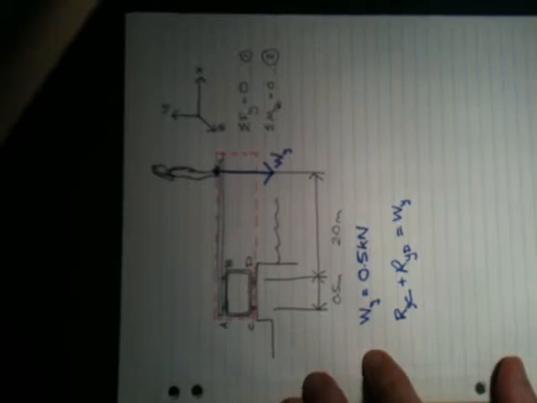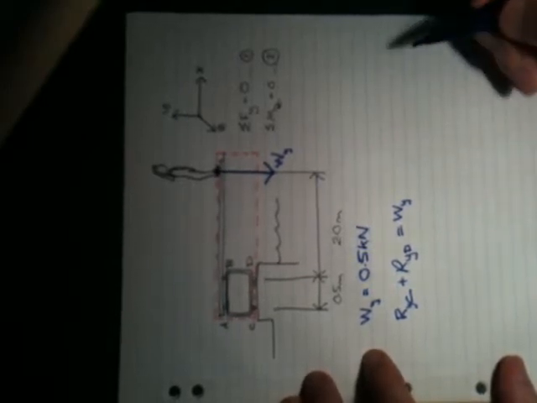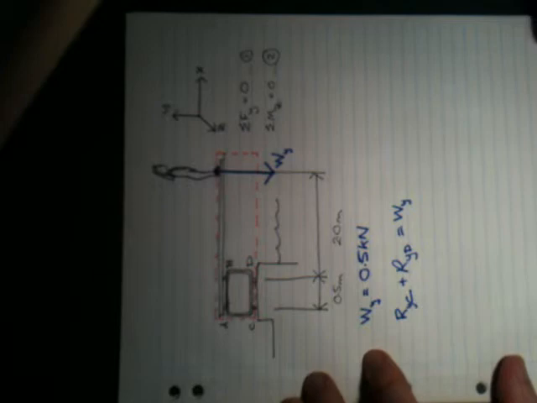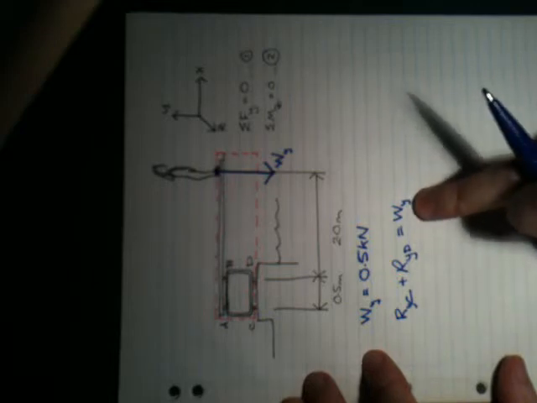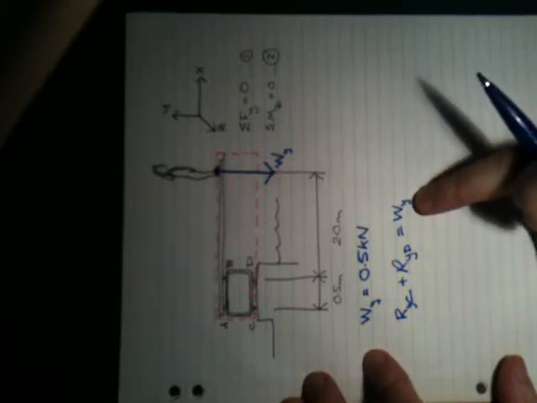So that's great and obvious, but it can't solve the problem for us by itself because we have two unknowns and only one known. Okay?